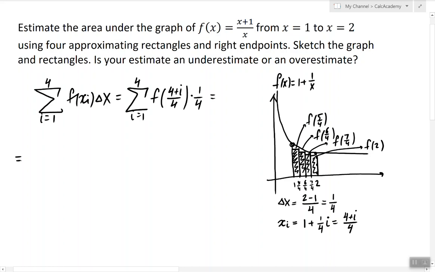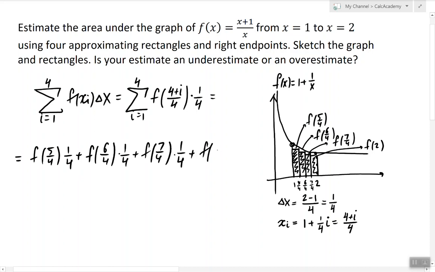So expanding this sigma notation, we get f(5/4) times 1/4 plus f(6/4) times 1/4 plus f(7/4) times 1/4, plus f(2) times 1/4. So now we just have to evaluate each of these expressions.